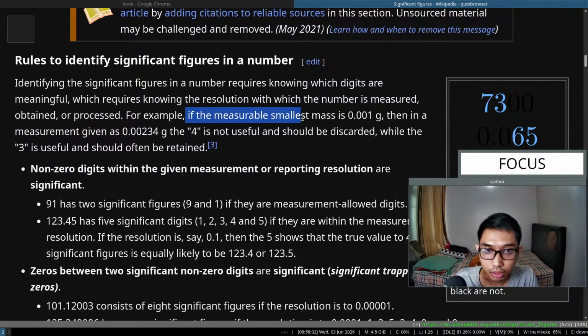If the measurement mass is this one, and the measurement is given as this one, the 4 is not useful and should be discarded, while the 3 is useful and should often be retained.